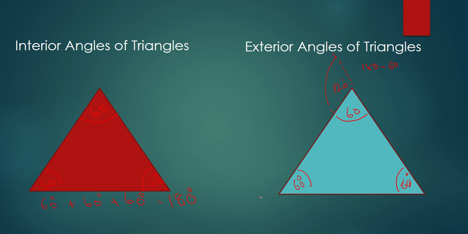If I am taking this side, this is 60, the supplementary angle will be 120. If I extend this line, this is 60, so this will be 120. So the sum of exterior angles of this triangle is 120 plus 120 plus 120, which makes 360 degrees.